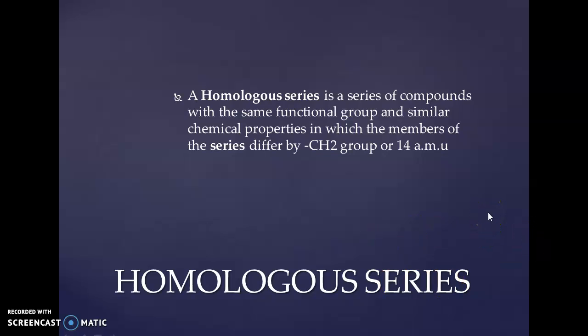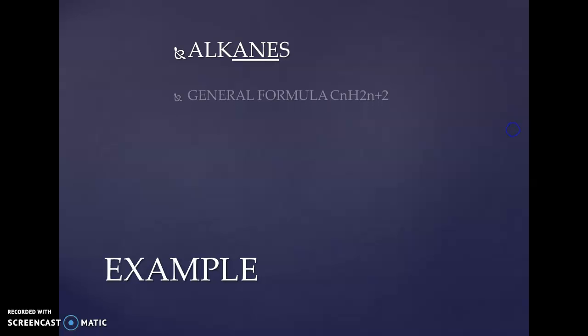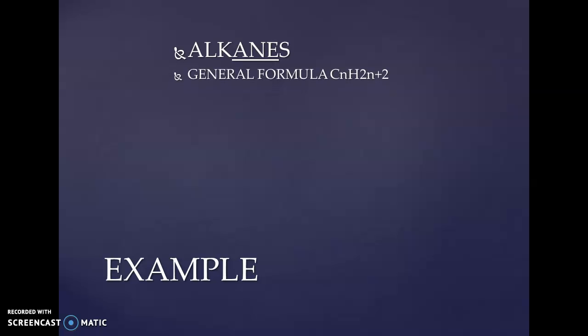Now, if you see more examples of homologous series, you will get a better idea to understand the definition. So, let us see one example. We all know saturated and unsaturated hydrocarbons. Saturated hydrocarbons are alkanes, A-N-E, and they contain single bonds. The general formula is CnH2n+2, where n starts from 1 for alkanes.